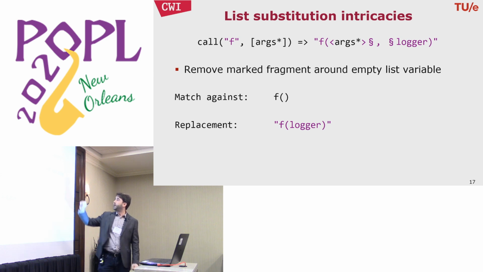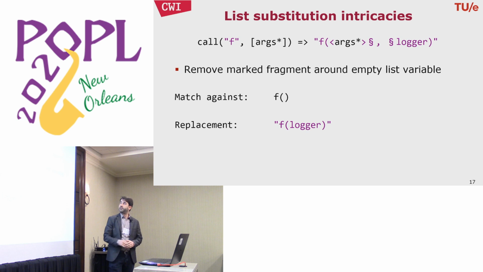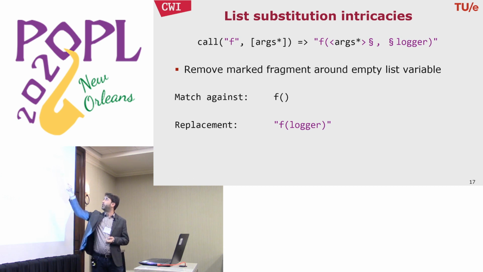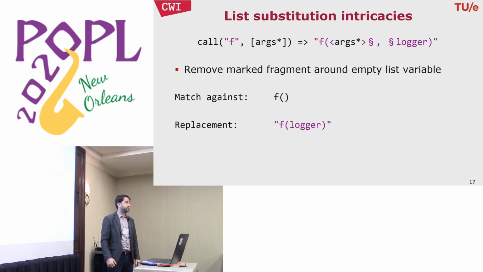In this case, it's the piece of source code between the section marks here, and the rewriting runtime should detect that the args value is bound to the empty list now, and because it is the empty list, it should remove the marked fragment that is adjacent to this meta variable. If it does that, then we obtain this as our replacement source code, which will nicely parse into a separator syntax tree.